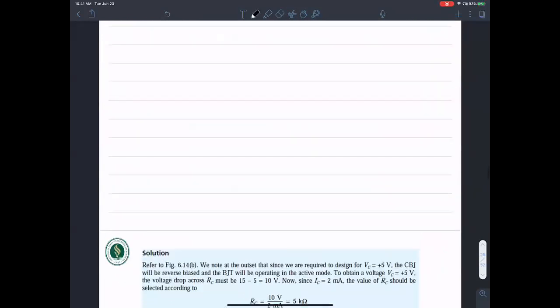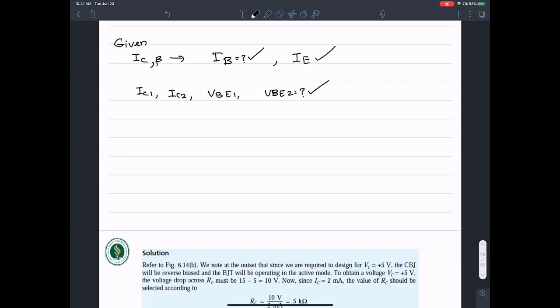So the general procedure is: I have IC and beta, so I should be able to calculate IB. Once I have IC1 and IC2 and VBE1, I should be able to calculate VBE2. IC and beta gives me IE as well.